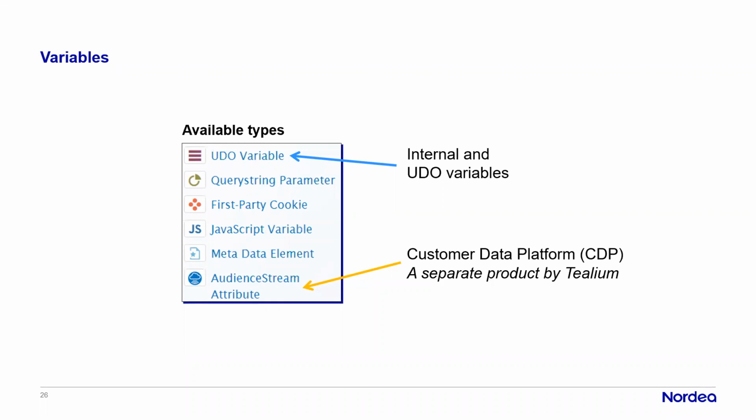I won't go into that one, but that is then variables getting sent to Tealium IQ from Tealium's CDP, Customer Data Platform. They have this separate product called Audience Stream, which is their CDP product. Quite a nice product, but these variables would then only come from there if you have that product, of course.